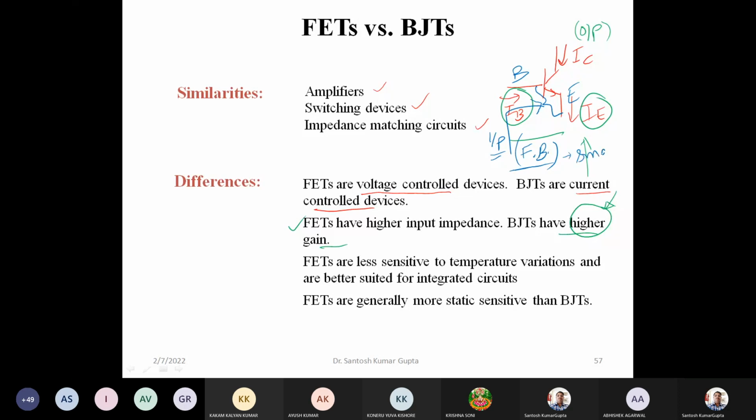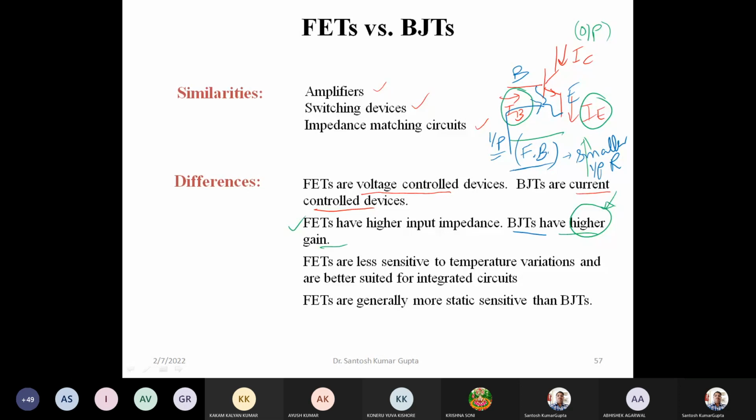So that's why it gives a smaller input impedance. So BJTs have higher gain and also lower input impedance.